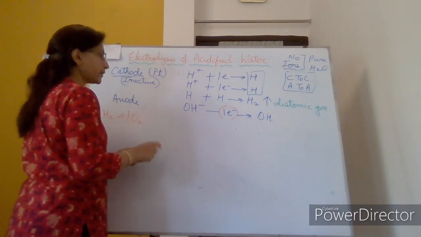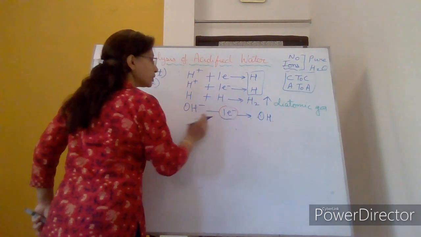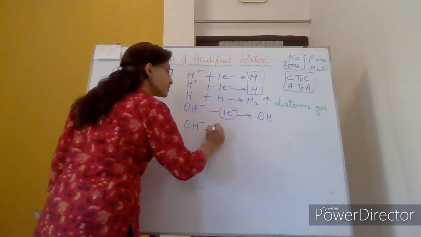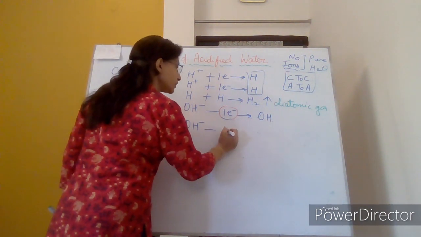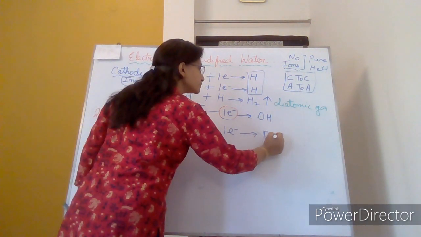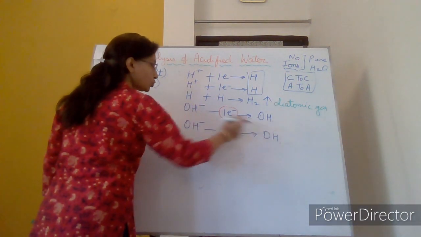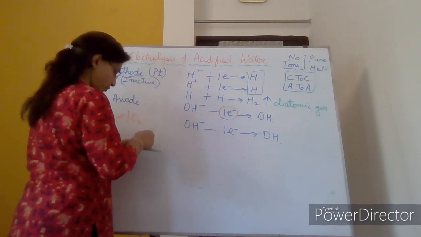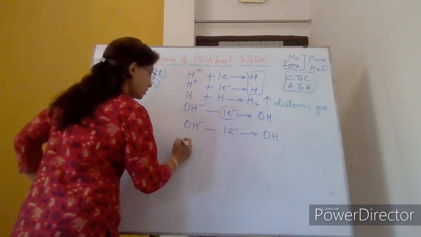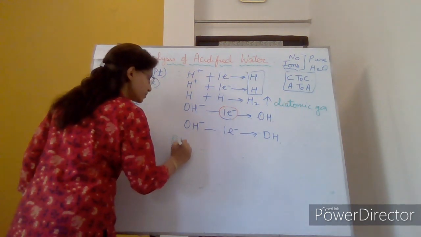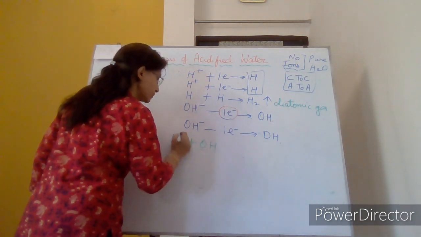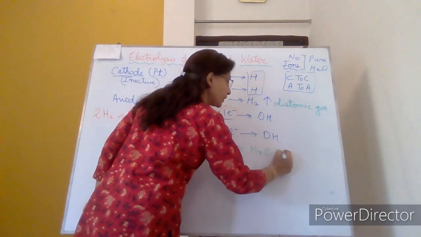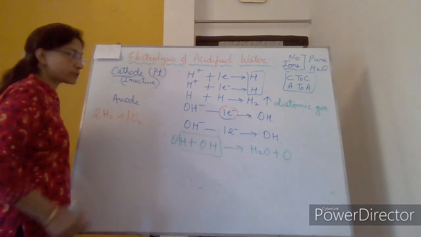How are we getting 4 electrons here? So OH negative is giving you OH. Another OH negative is giving you another OH. Now these both OH are going to form OH plus OH, and they are giving you H2O plus O, the first atom of oxygen.